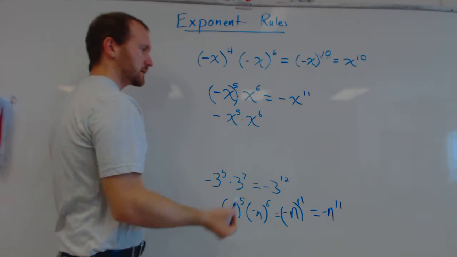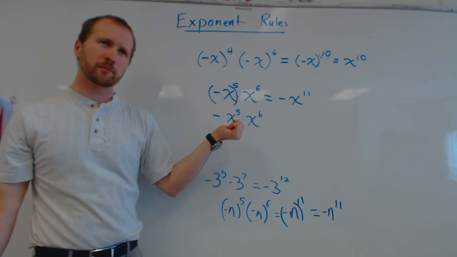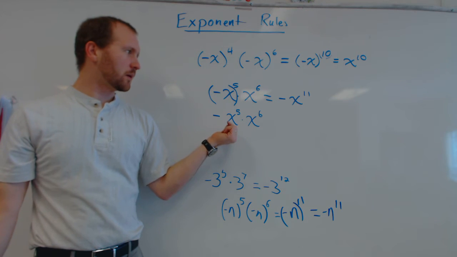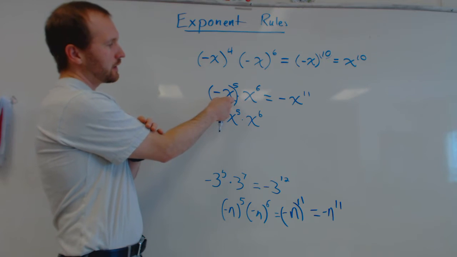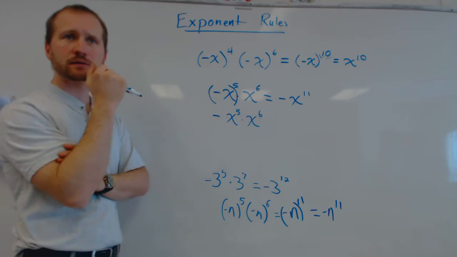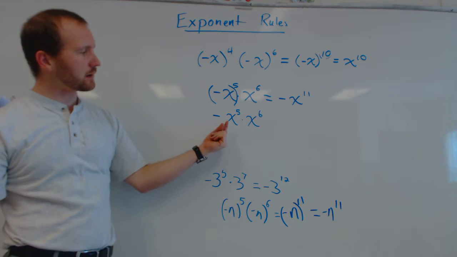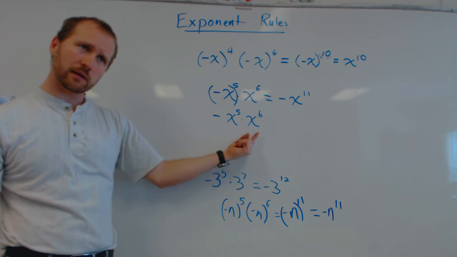Then x to the 6th. And then you could combine these. Technically right now, this is not the same base. This negative x is not the same as x. I can only combine them when I have the same base.